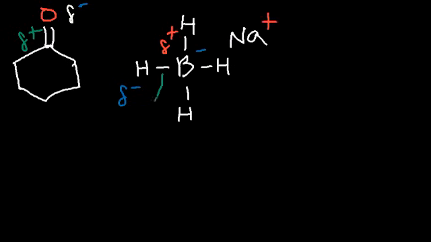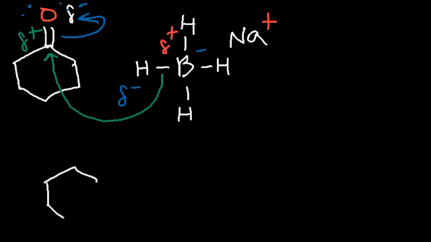So the hydride ion is going to attack the carbonyl carbon, and then the pi bond is going to break. This is going to produce an alkoxide ion, which is basically an oxygen attached to a carbon atom where the oxygen has a negative charge. Notice that we added one hydrogen.